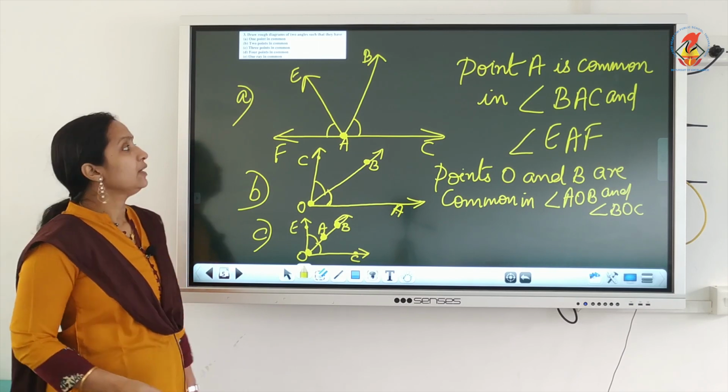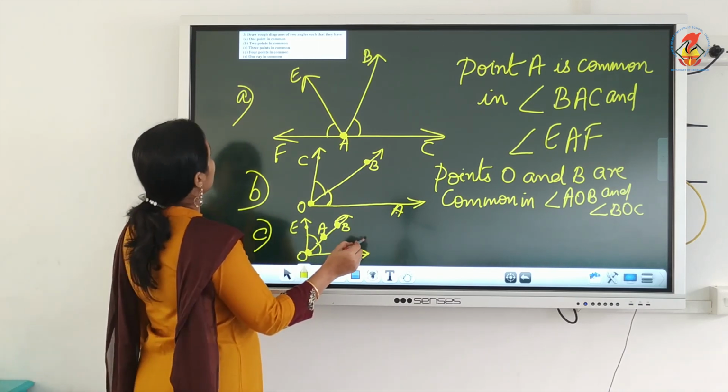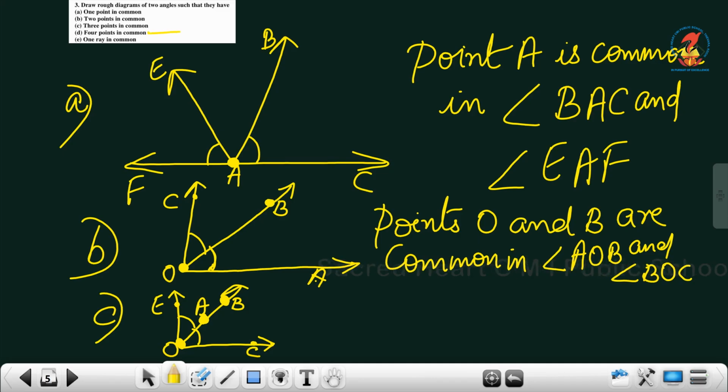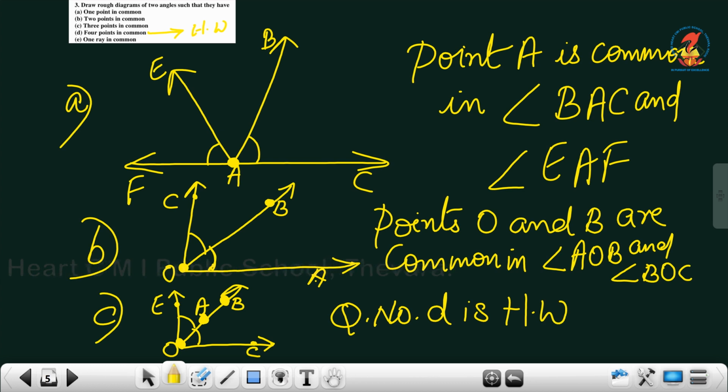Okay children, now do the fourth question. Do this question as homework. Question number D is homework, and question number E also do it as homework. Okay.